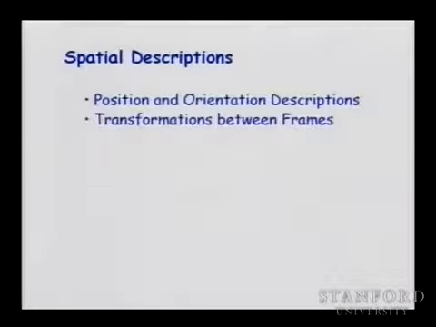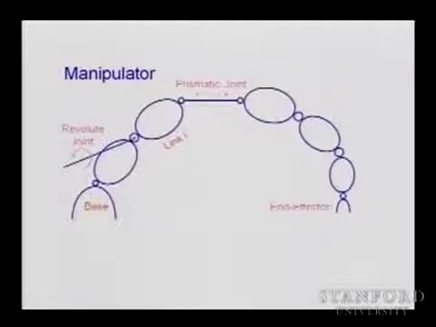So you need transformations between different frames attached to those objects. So the mechanism that is the arm in this case is defined by a rigid object that is fixed, which is the base, and another rigid object that is moving, which we call the end effector.